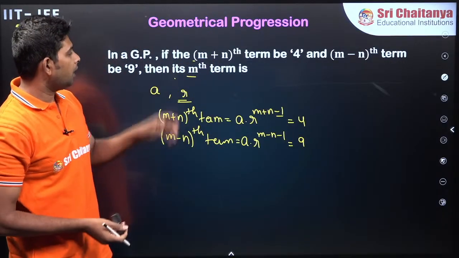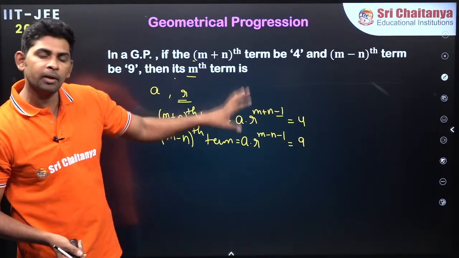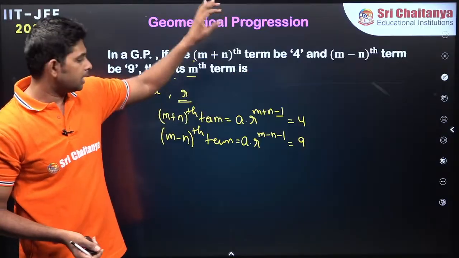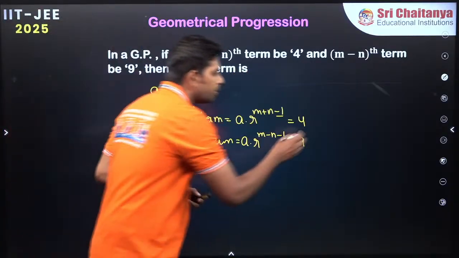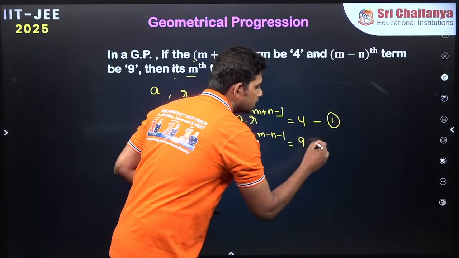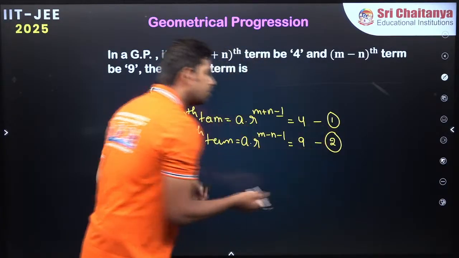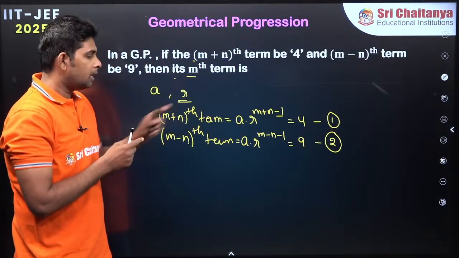Okay, now to find the mth term here we need to eliminate n, right? To eliminate n, why don't we multiply these two? So I am taking this as the first equation and this as the second equation. We just multiply those two. Let us see what we get.